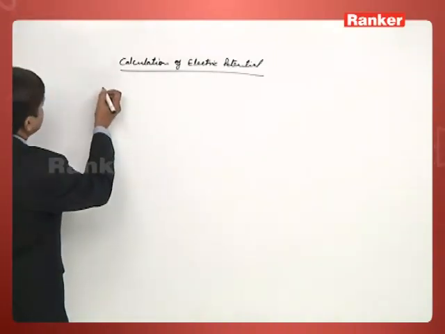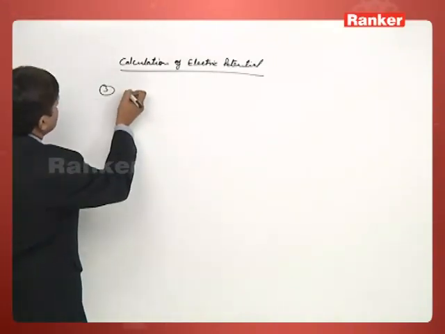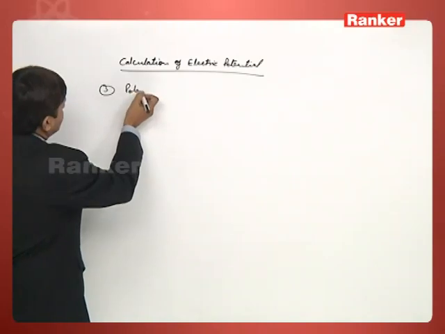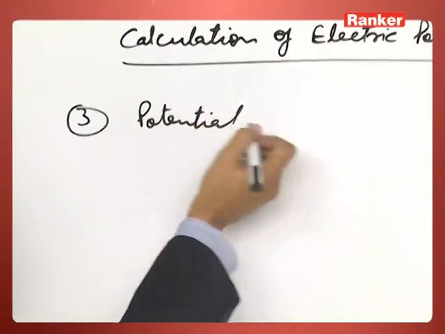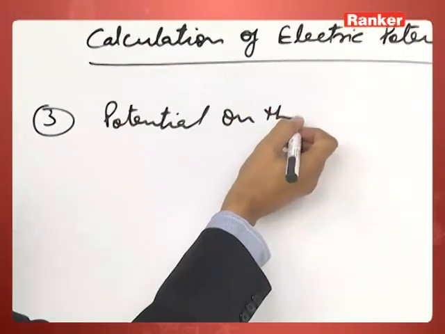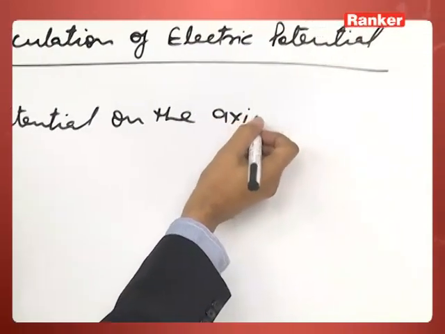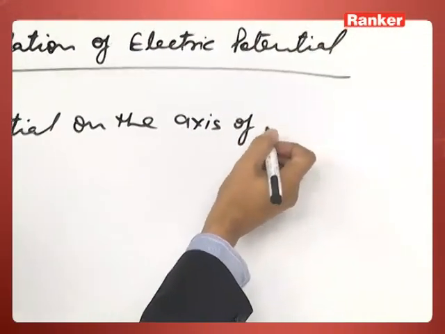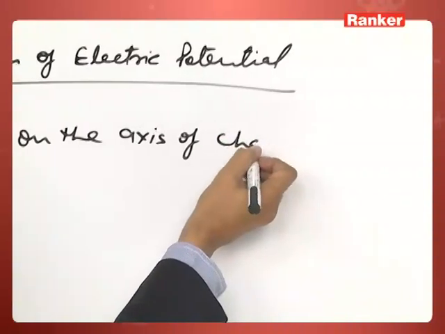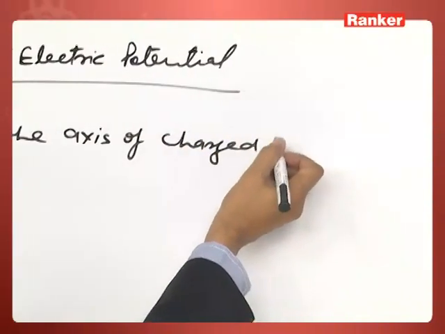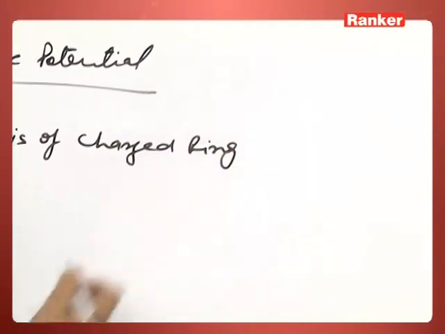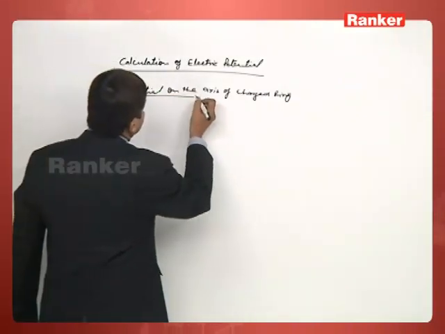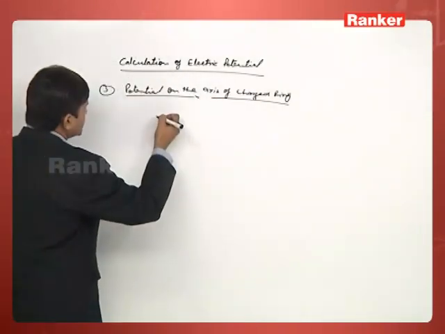Now next is the potential on the axis of a charged ring.